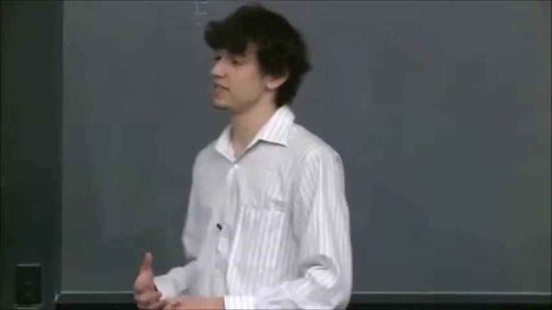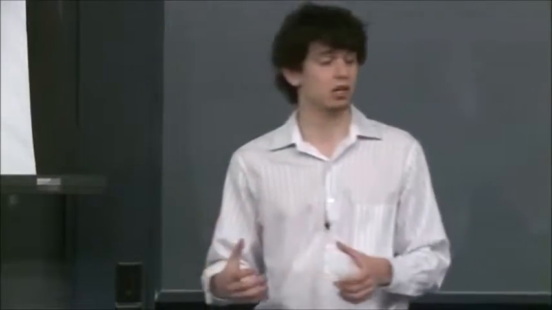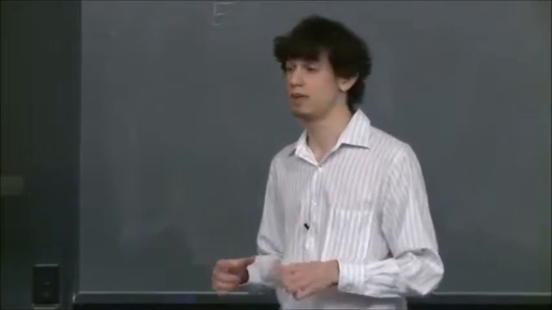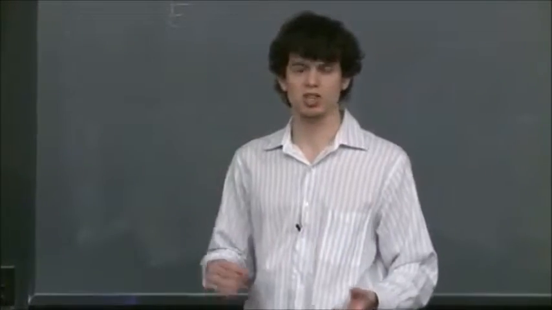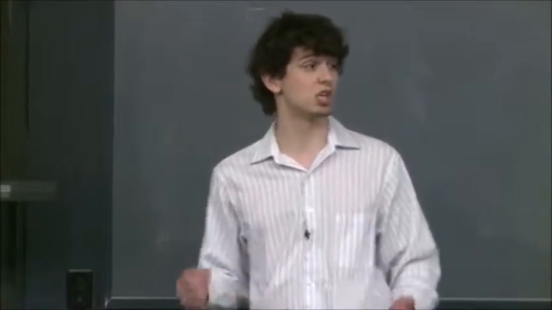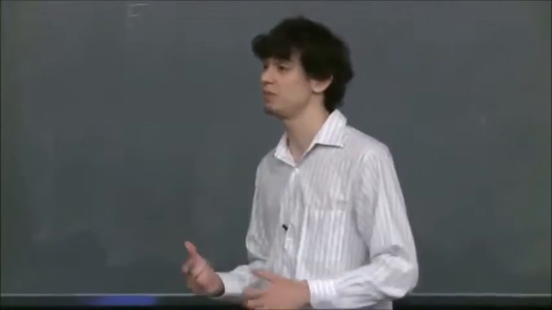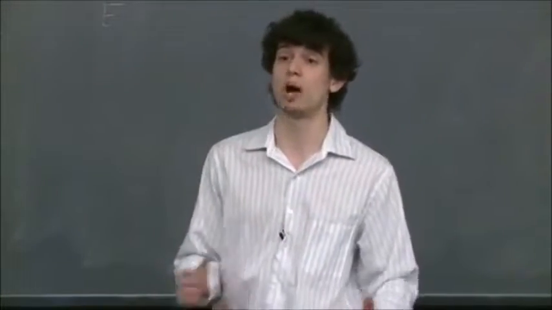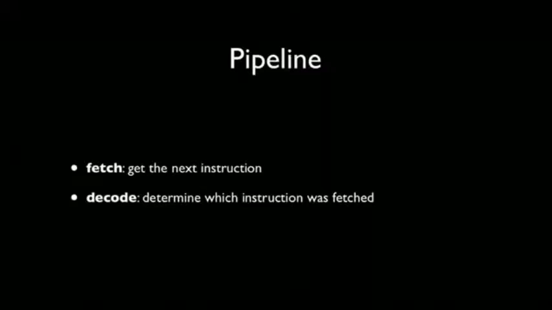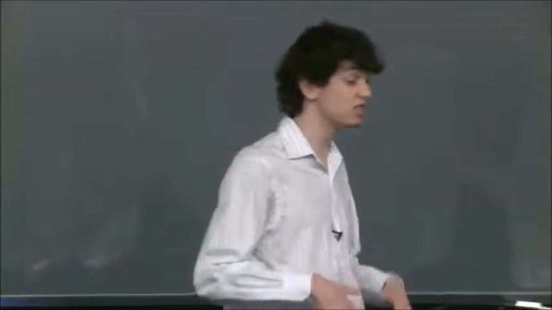Now the next step: I have this binary thing, this sequence of bits that somehow represent an instruction. So the next thing the CPU needs to do is figure out what instruction that is. It needs to go from the sequence of bits to something like add these two numbers together or copy this data into RAM. That's called the decoding step. We're decoding this cryptic series of bits into something the CPU can actually understand.